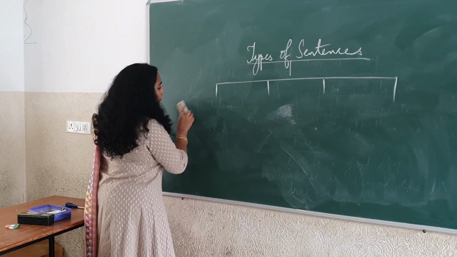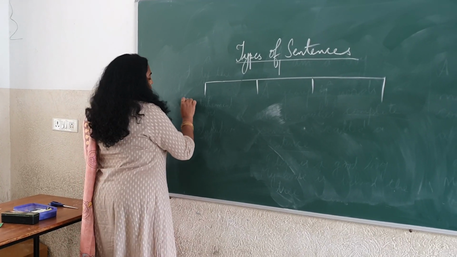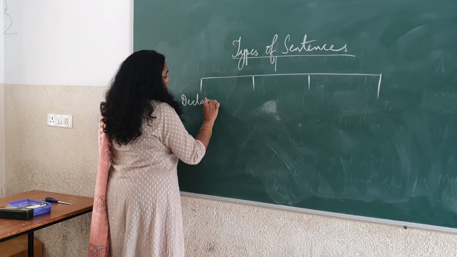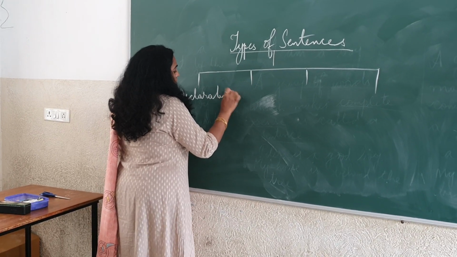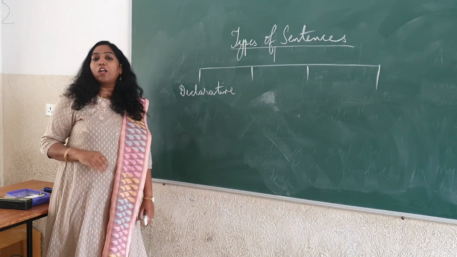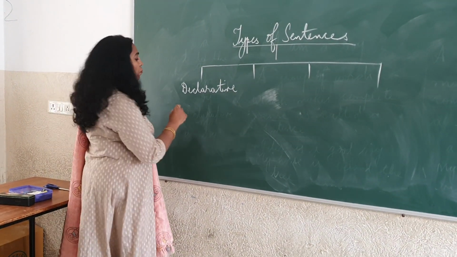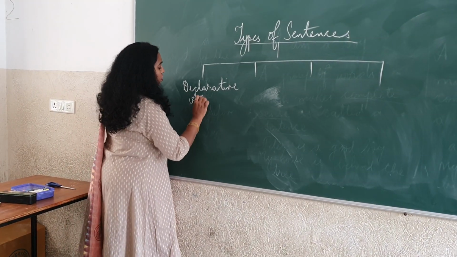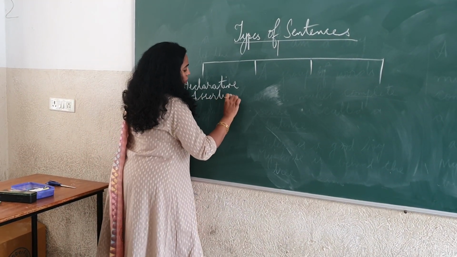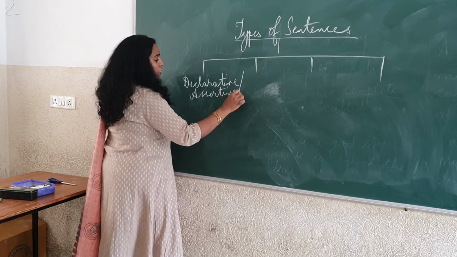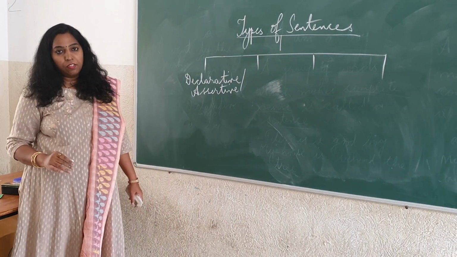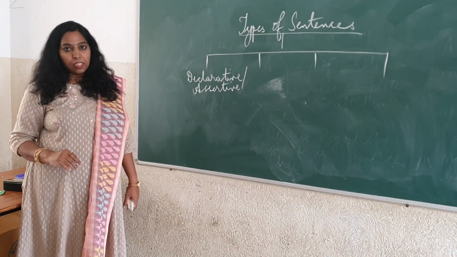Maybe that would be better. So you have the declarative sentence. This declarative sentence is also called an assertive sentence. So you can say declarative or assertive. So this is one type of sentence.